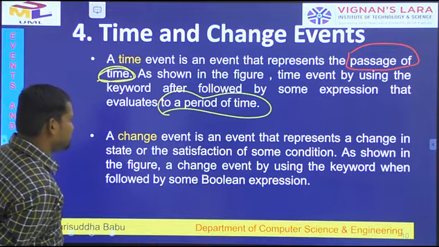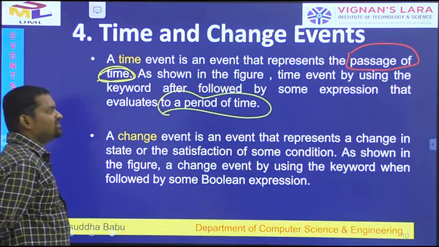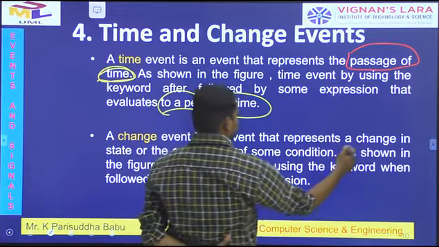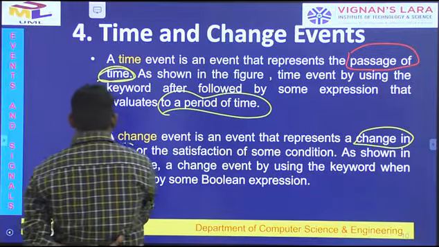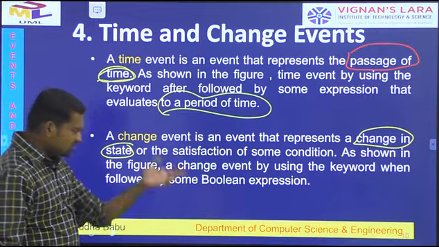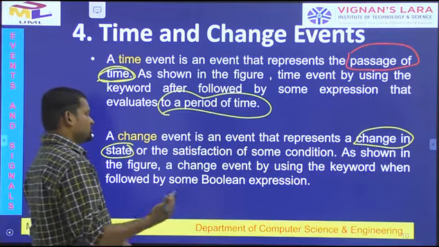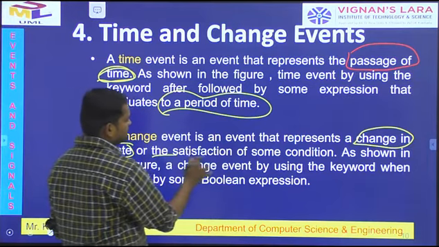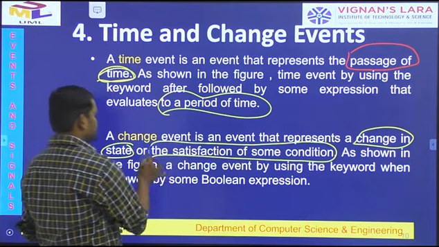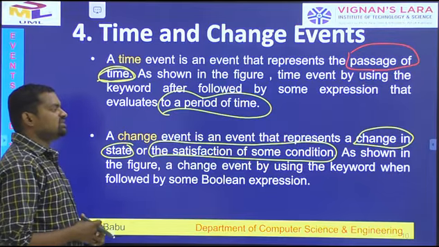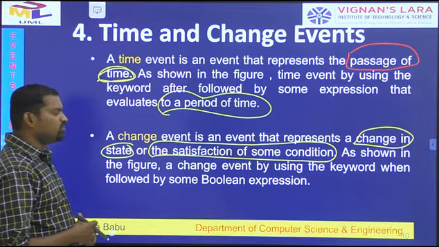A change event is an event that represents a change in a state. Instead of a passage of time, here we give a change in a state. That means one state to another state or a repeated state, the satisfaction of some condition. As shown in the figure, a change event uses the keyword when followed by some Boolean expression.